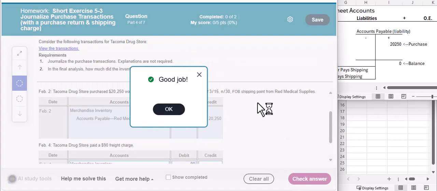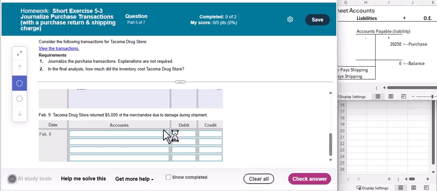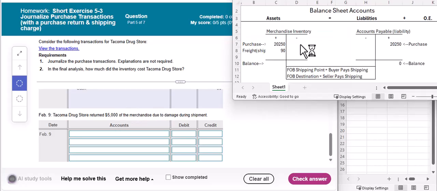Good job. Okay, so then now on February 9th, 7 days after our purchase, Tacoma Drugstore, that's us, we returned $5,000 of the merchandise due to damage during shipment. All right, so what is happening to our inventory account when we return this $5,000 of merchandise inventory? Well, the inventory account is going to go down.